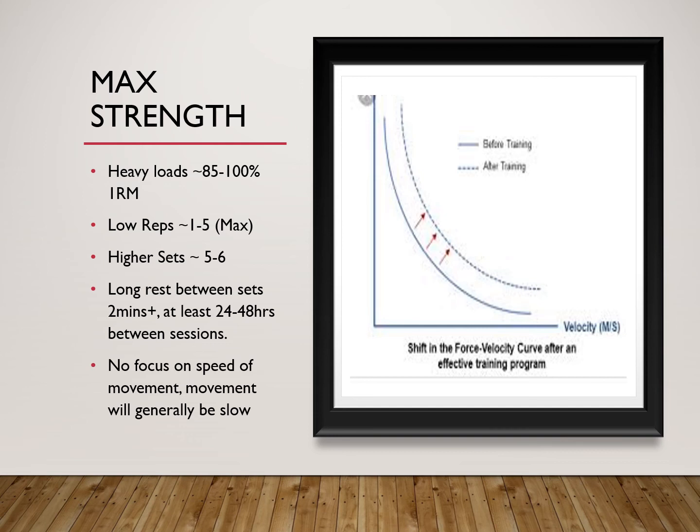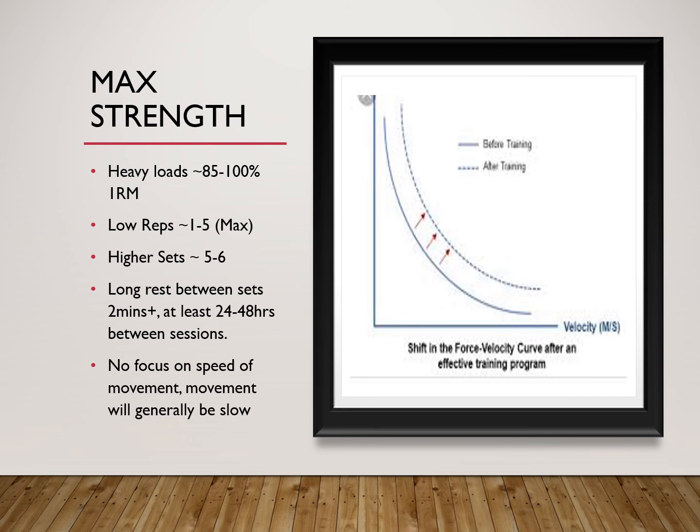Obviously that means that we have to combine a number of methods of training in order to enable that, but the main component, or the first component we need to develop, is this maximal strength component.